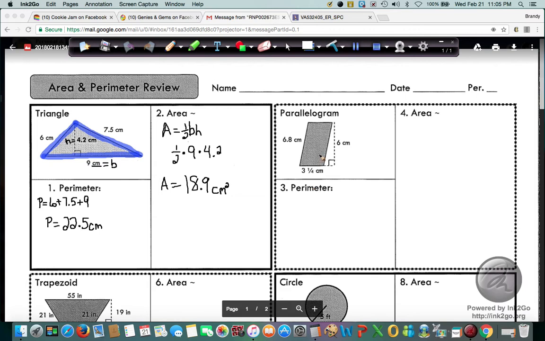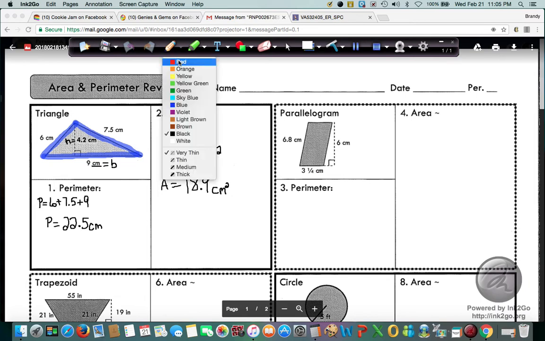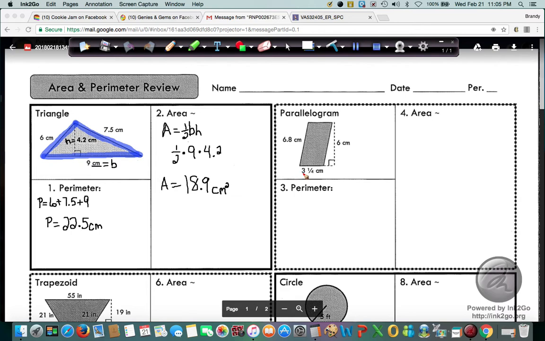All right, let's look at our parallelogram. Remember, I told you a parallelogram is just a rectangle that kind of leans, doesn't have those right angles to it. The cool thing is, since it is a rectangle, or very similar to it, we know that the top and bottom have to be the same. So I'm going to change my color here so you can see this. But if this is 3 1/4, which is 0.25, right? I can make my top 3.25.